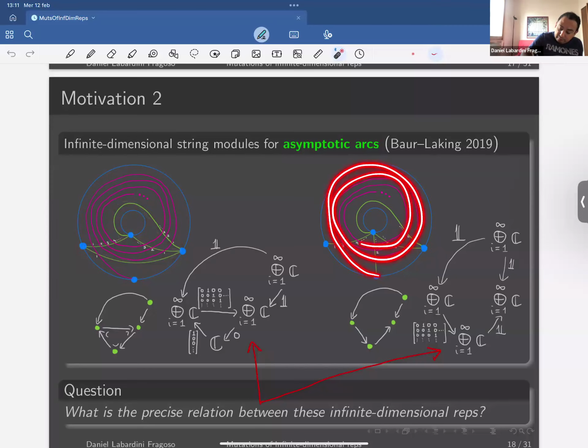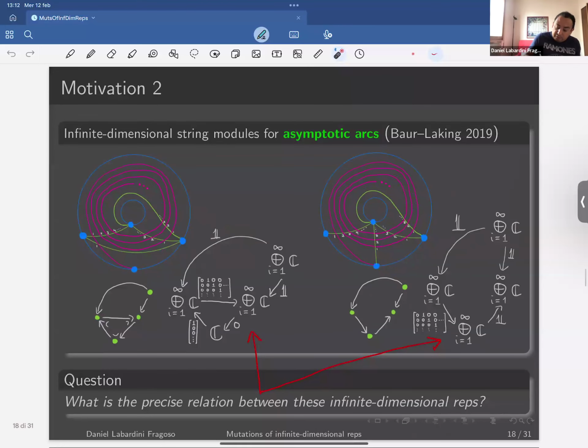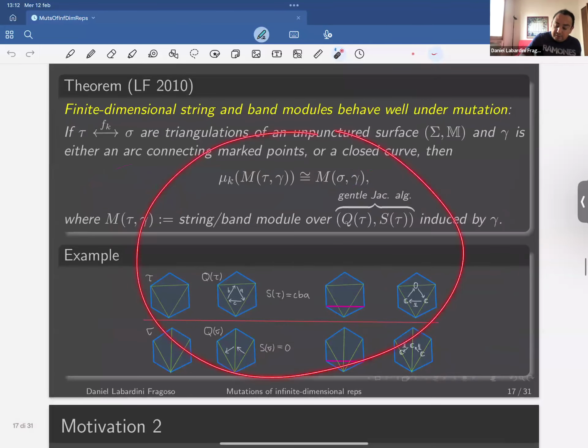Here is the same construction for the Jacobian algebra of the new triangulation. So you can certainly do this. And now the question is, what is the relation between these representations? Hopefully the relation is also a mutation, like in the finite dimensional case.